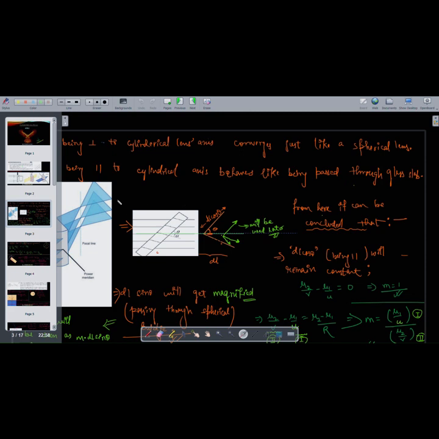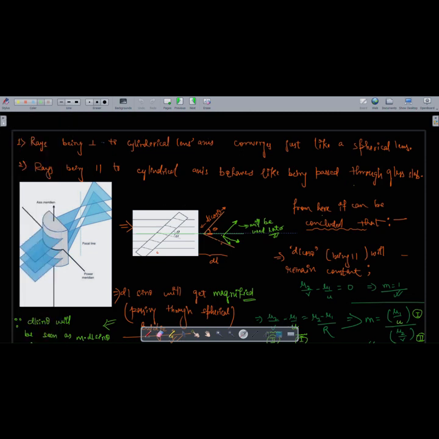Now jump on to our analysis. Here also I have mentioned these perpendicular rays will converge here, and we will see a straight line here. This will be the straight line.